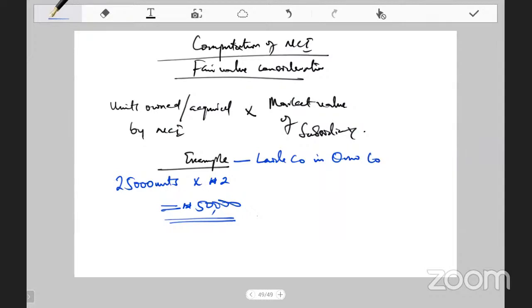The market value of the subsidiary on the date of acquisition is ₦1.25. So I have added that to the question, so that you'll be able to get the goodwill.